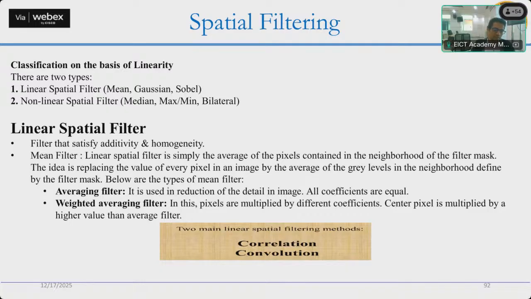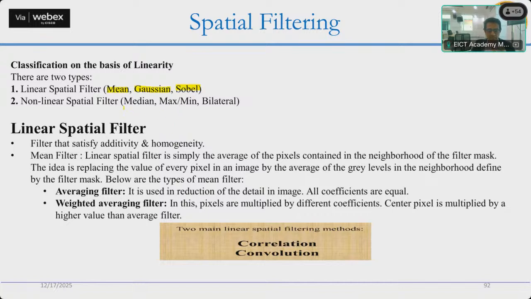To start with, in the linear spatial filters there is the mean filter, the Gaussian, and the Sobel. We will read into the detail later. Yesterday somebody asked a question, what is the Sobel filter? We will go into the detail.